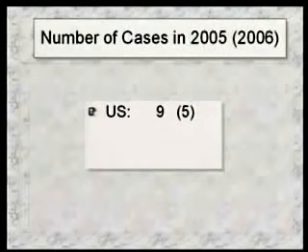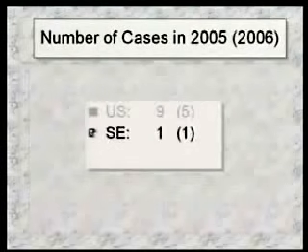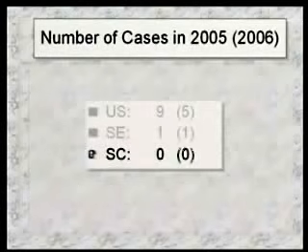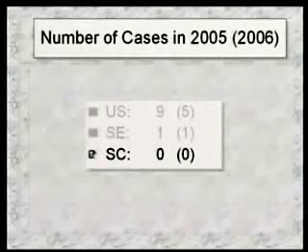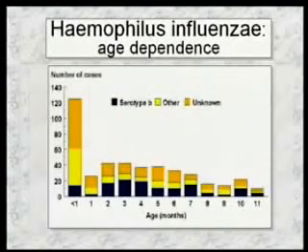Oh, okay. So the cases have reduced, and you will see the comparative epidemiology in a minute. In the Southeast, there's only one case, okay? That was this year. And in South Carolina, none. So if you are lucky, you're not going to have to treat anybody for Haemophilus B. And the reason for that is really vaccination.